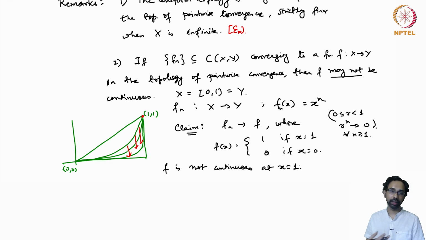And this is the usefulness of the uniform limit theorem, which says that when you have a sequence converging in the uniform topology, then the limit has to be continuous. So this is a very useful result in analysis, and it is used all the time. So it is a nice theorem to know.